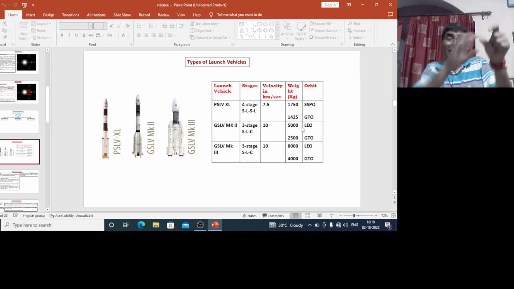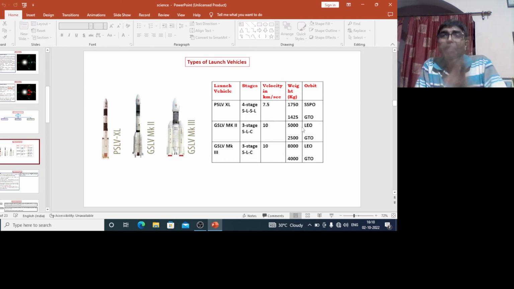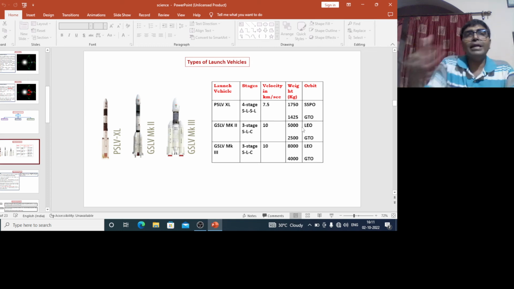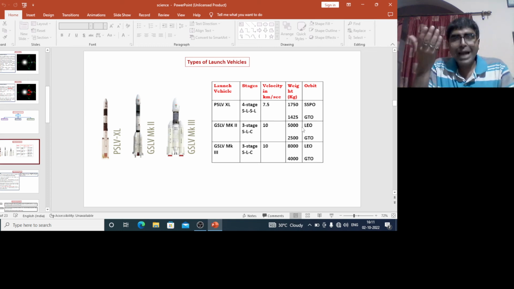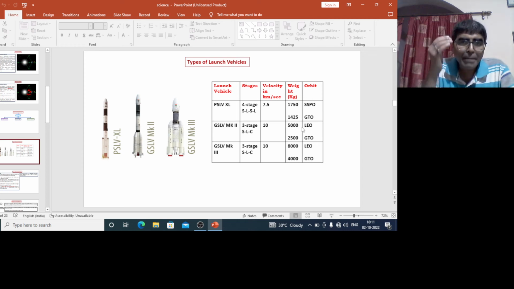This payload is also used in defense, because any missile also works with a payload, and that payload can be conventional or nuclear. Nuclear means we can take any nuclear fuel or a nuclear bomb with it.